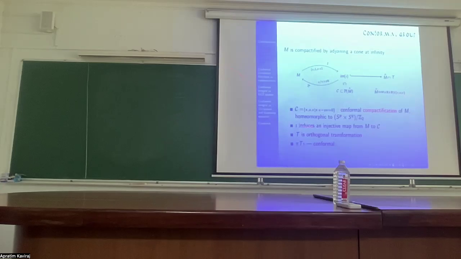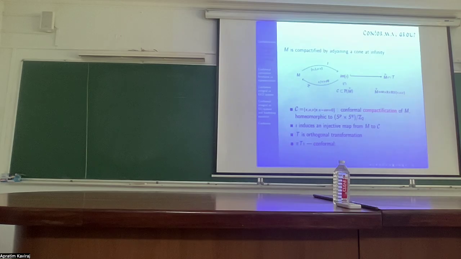So first start from M, map by i, do the orthogonal transformation here, take it back. So i T pi, this is the set of conformal transformations on M. So this is the description of the conformal transformations here.